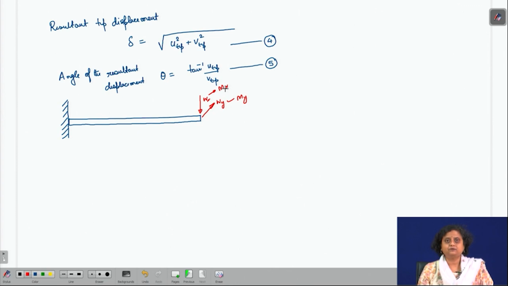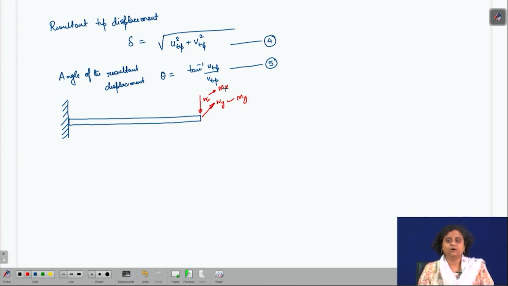We have solved the example for a cantilever beam. In place of cantilever, if it is simply supported or if it is a fixed beam, the boundary conditions are going to change, and accordingly we would need to solve for the displacement.